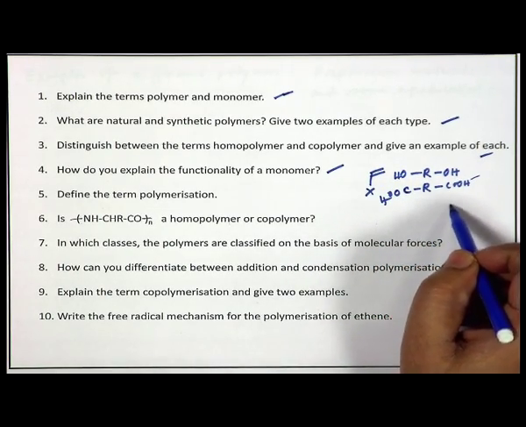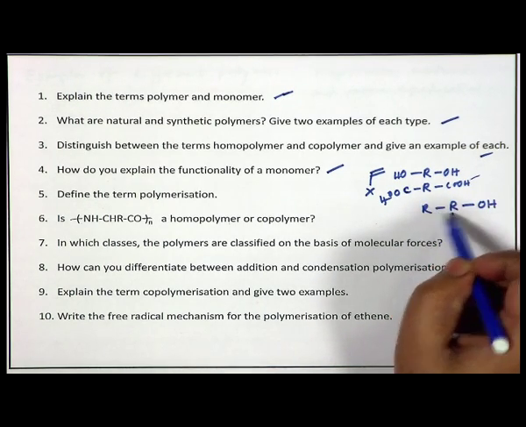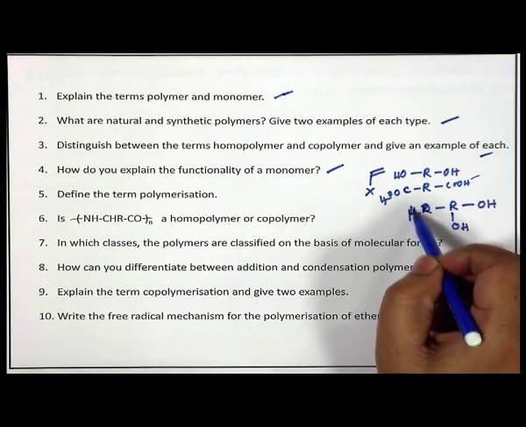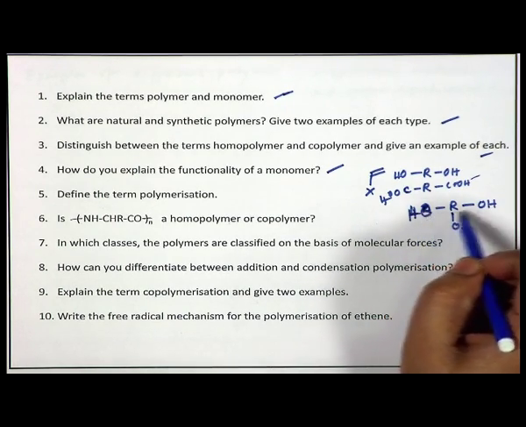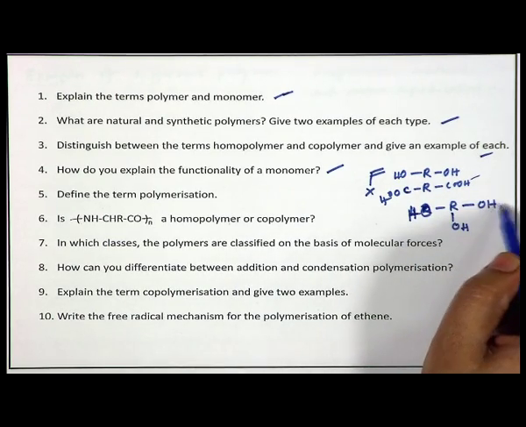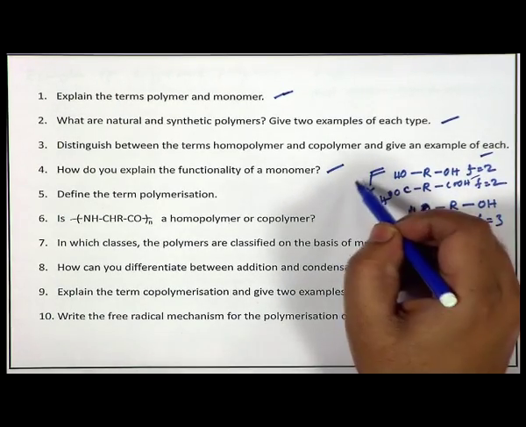Sometimes you can have a triol with three OH groups. So, it can form a polyester by reacting with carboxylic acid groups from these three sides. So, in this case the functionality F would be 3, while in the earlier cases F is 2, F is 2, F is 2.